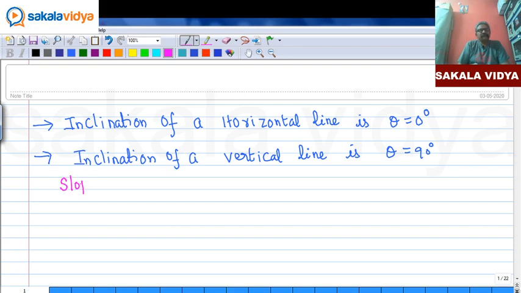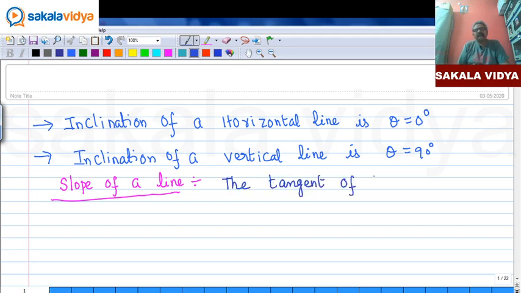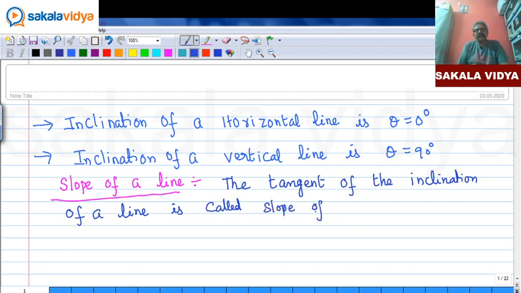Okay. Now, slope of a line. See, the tangent of the inclination of a line is called slope of a line, denoted by m, small m, where m is equal to tan theta.